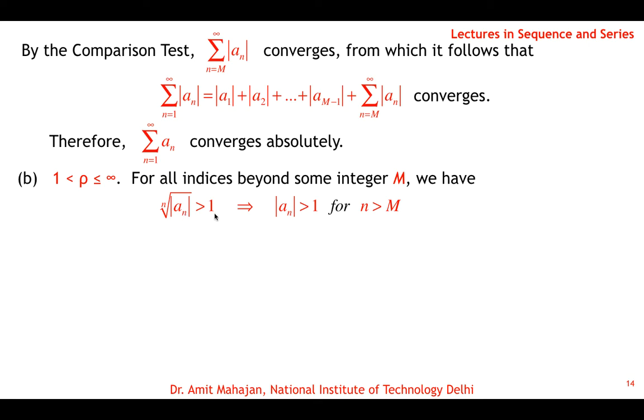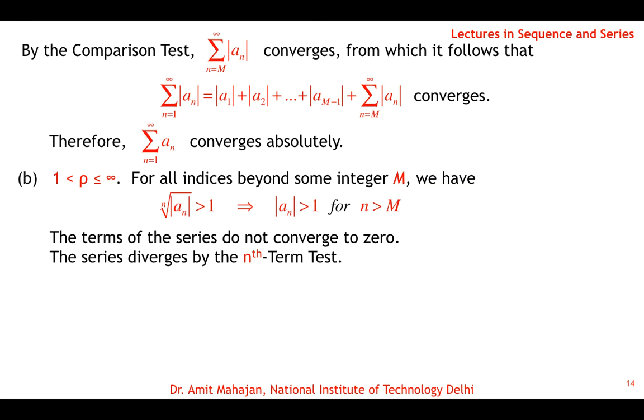This immediately implies that modulus of a_n is greater than 1 for all n greater than M. So when n becomes large, the limit of a_n as n tends to infinity will be greater than 1, so it is not going to 0. Again by nth term test, the series is divergent if rho is bigger than 1.